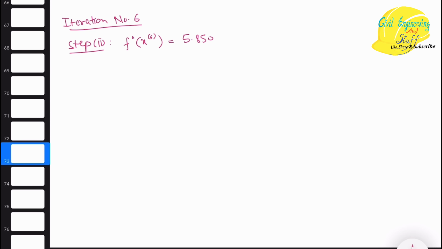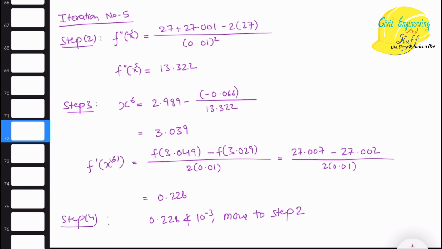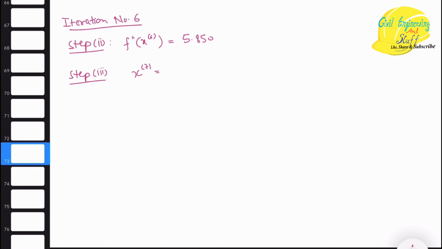Okay, and in this step 3 we'll find out the next value x7. So for that the point was 3.039, right?